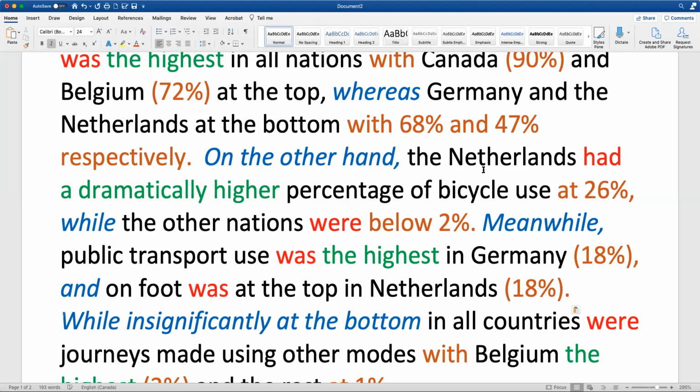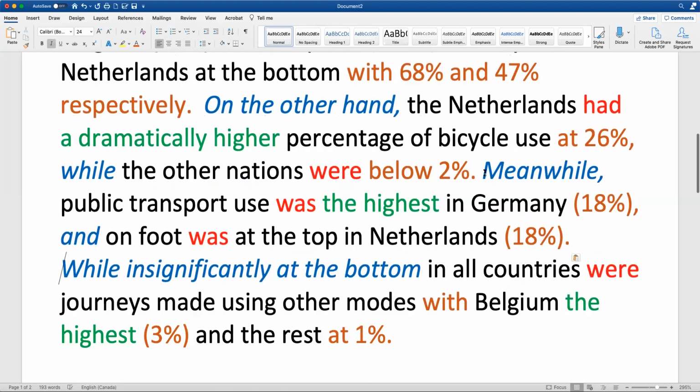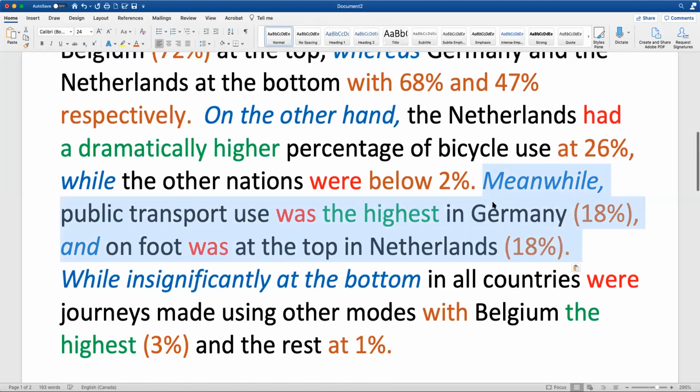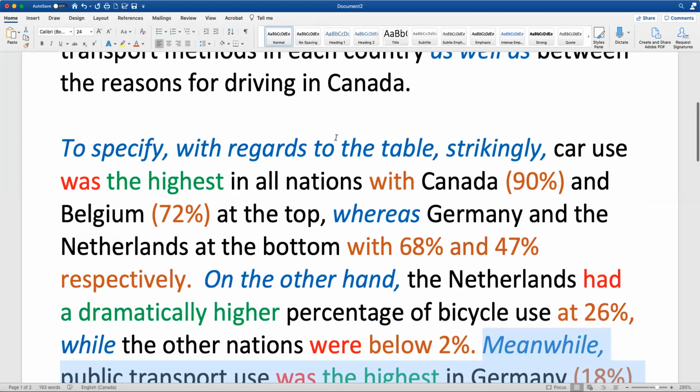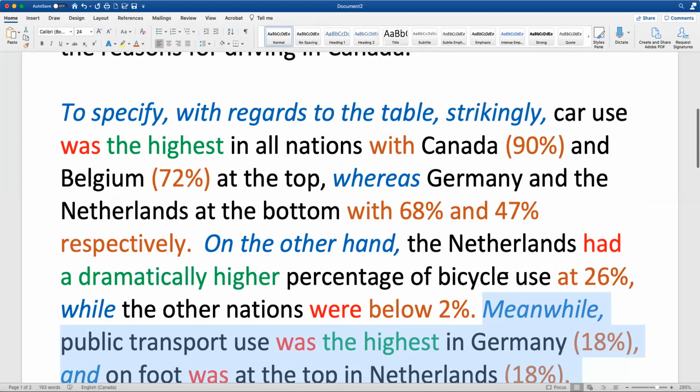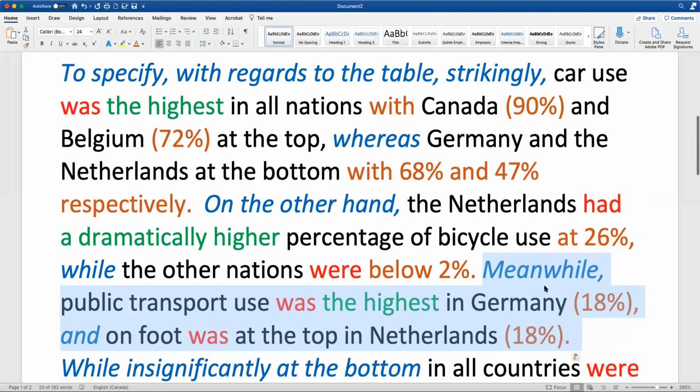The other one we have is definitely 7 or 8. This one here can be 6, can be 7, depending on what you write. Like if you write this sentence with everything we have here at the top, it could be 7.